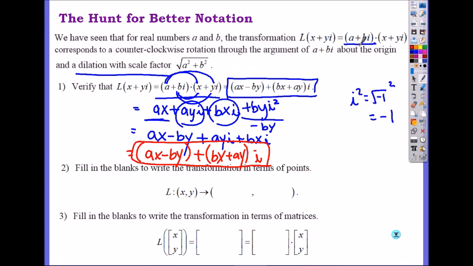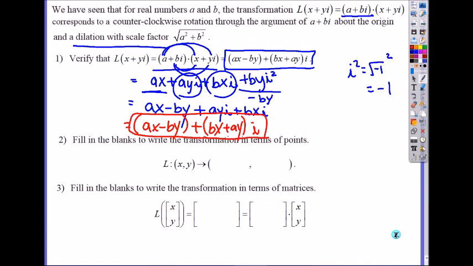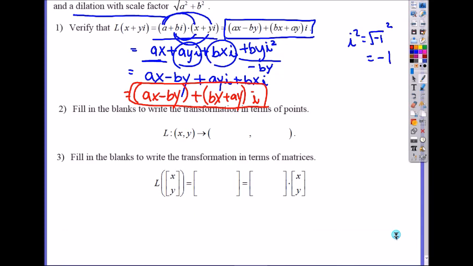So now let's go ahead and write this in ordered pair form, matrix, and there's no vectors. So if you look at this as x and y for polar, what is x? ax minus by is the real number portion. What is the imaginary number portion? bx plus ay, right?